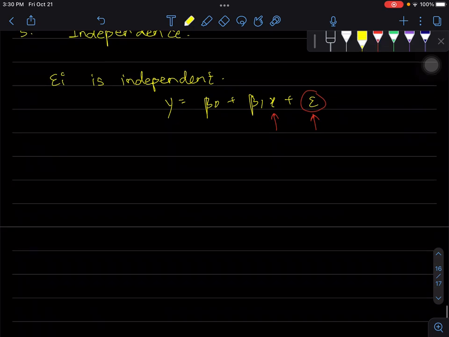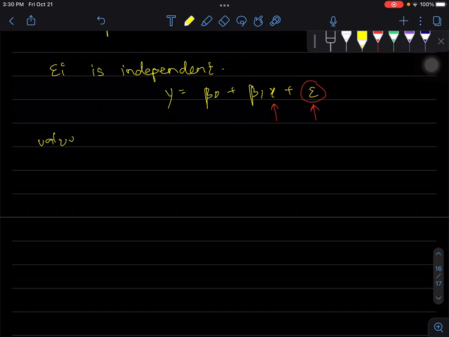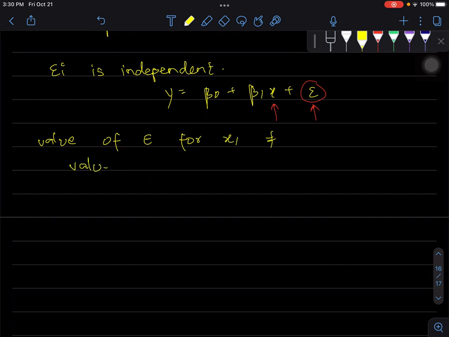If you have to write it down, it just means that the value of epsilon for x1 is not related to the value of epsilon for x2. I don't know what the symbol is for not related to, but that's what's happening. So the value of the error term for one particular x is not related to the value of the error term for another value of x, which means the implication of this is that the value of y for x1 is also not related to the value of y for x2.